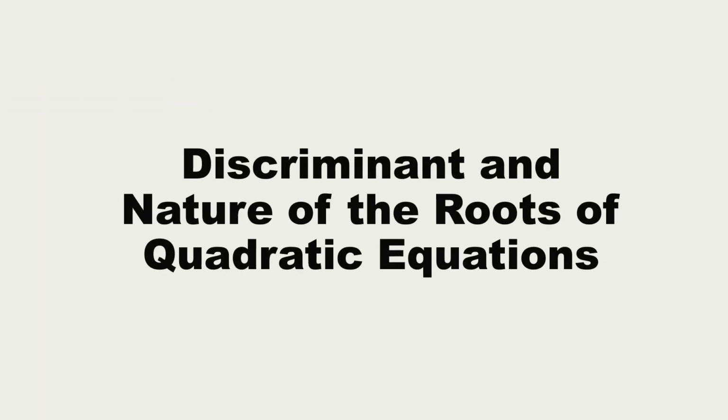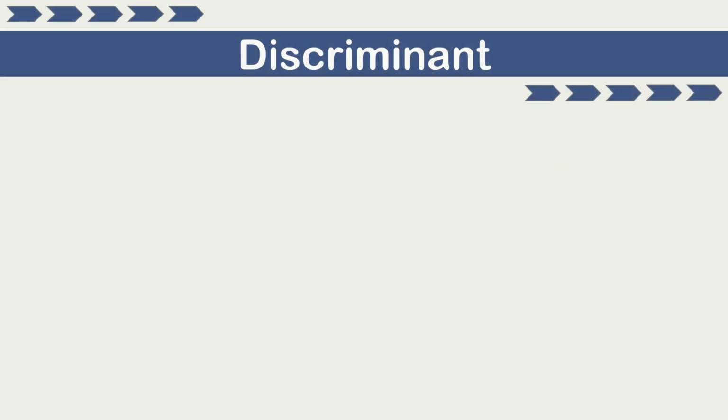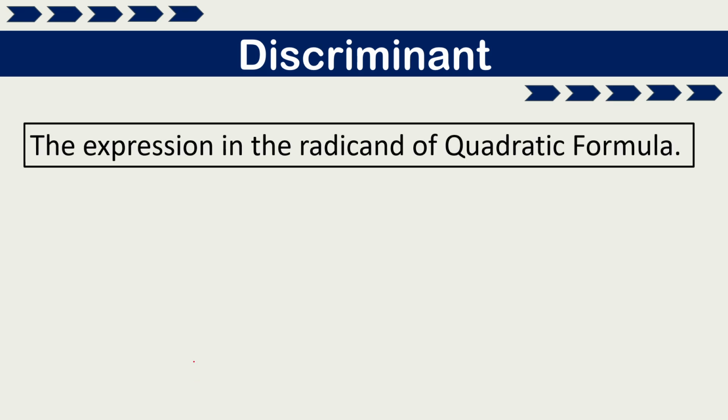Today, I will discuss the discriminant and nature of the roots of the quadratic equations. So, first, let's define discriminant. When we say discriminant, it is the expression in the radicand of the quadratic formula.